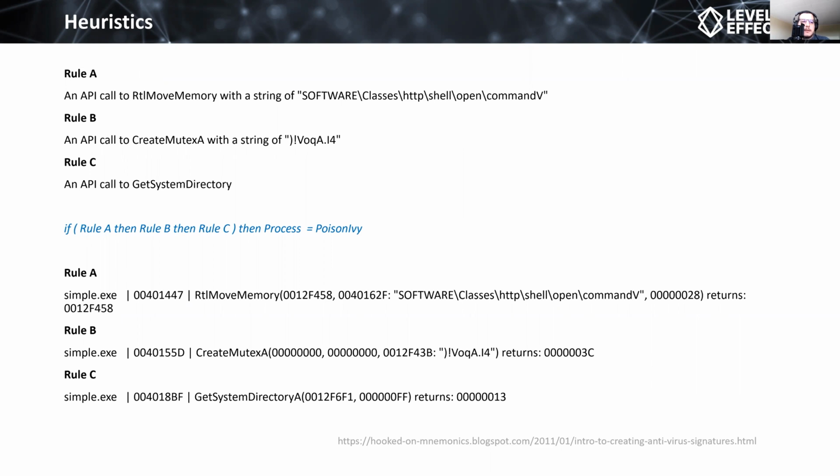Then the software classes some registry key. Then there's an API call to create a mutex that's called, close parenthesis, bang, VO, etc. That has to match exactly. And then a third API call to get system directory.